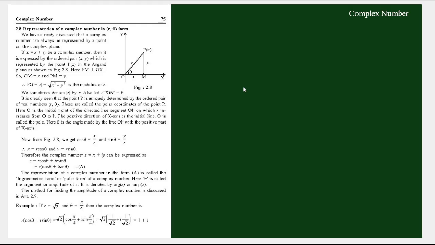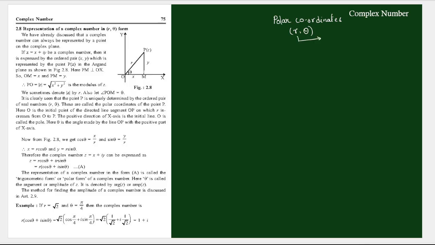Now, for plotting the complex number, there is also another method, and that system is called polar coordinates, which is in the form of r and theta.